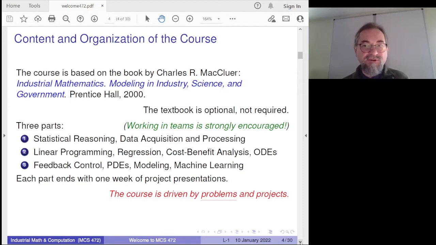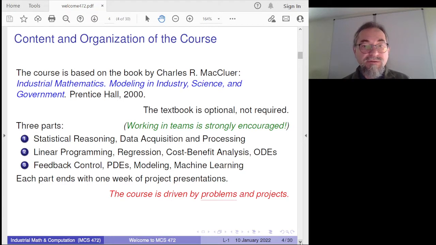It's not so that you have a theory and then some examples, and then there is a problem on an exam that you have to solve, and there's only one exact outcome. No, a problem is usually open-ended, and it's formulated within the context of a project that you cannot solve on your own. You have to have the help of other people. So teamwork is also encouraged in this course.